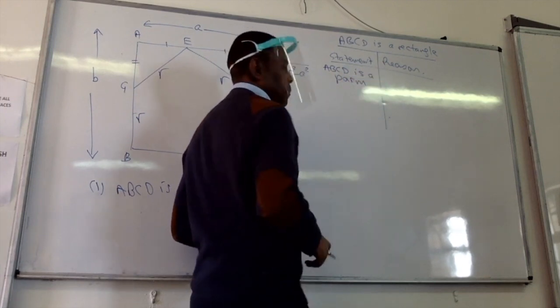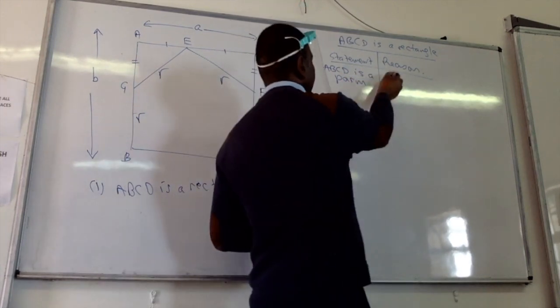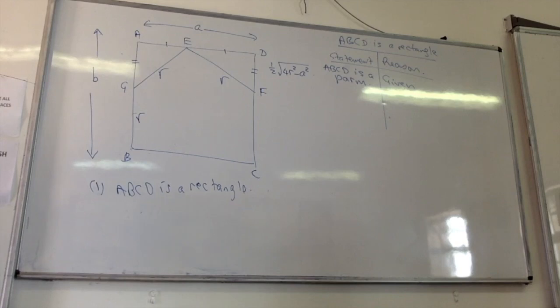How do we know that? Well, this is given. So now this is a parallelogram. We want to show that it's a rectangle. What is the one other requirement that we need to prove now? One angle equal to 90 degrees. Right, one angle equal to 90 degrees.